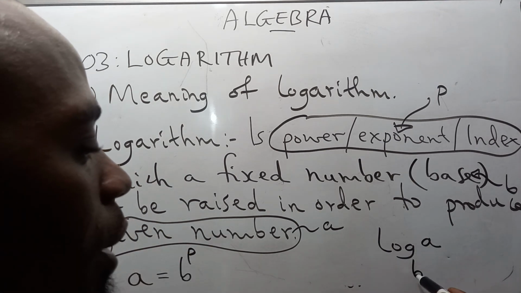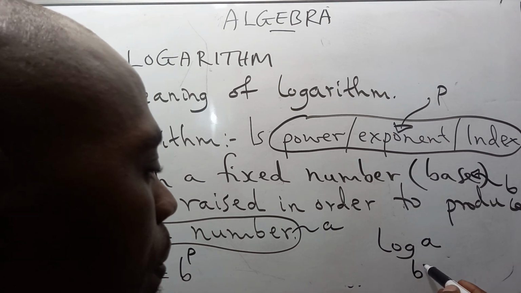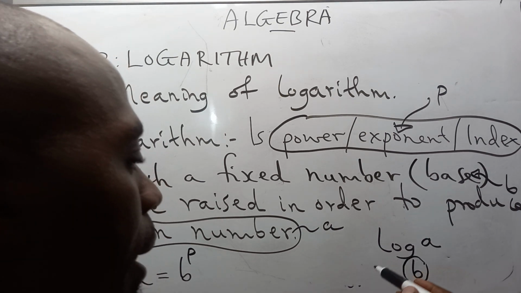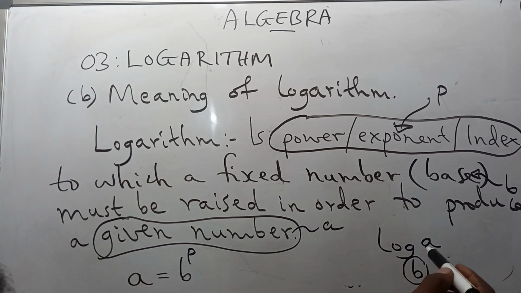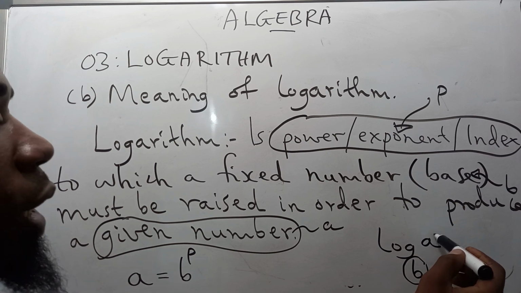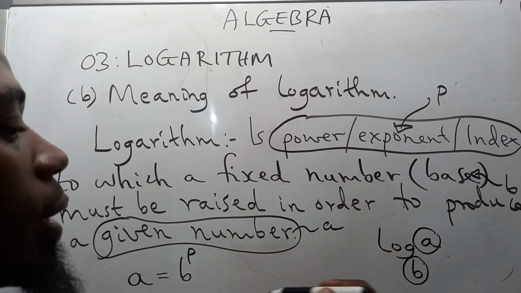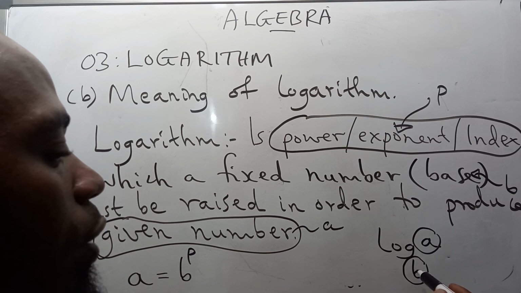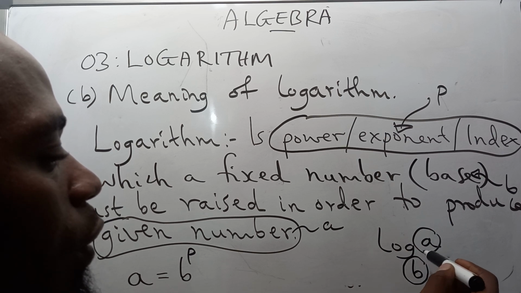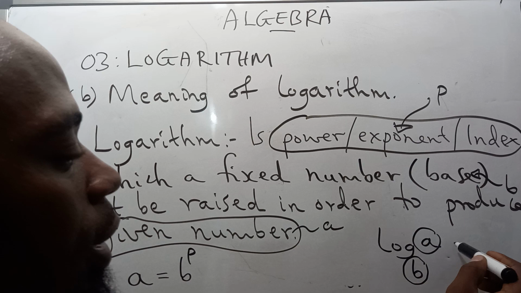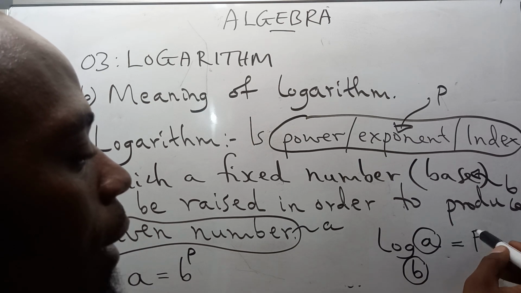Log of A to base B means how many times base must multiply by itself in order to produce a given number A. And the number of times for a base to multiply by itself in order to produce a given number A is equal to power.